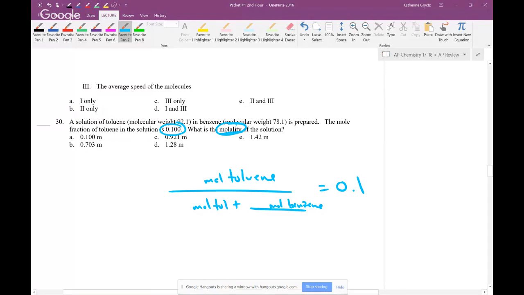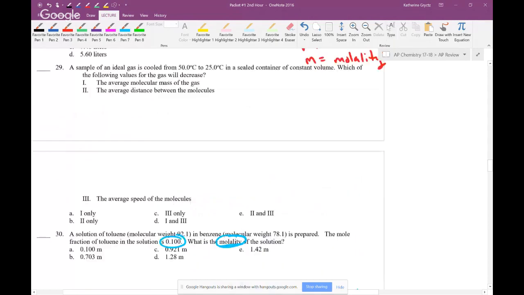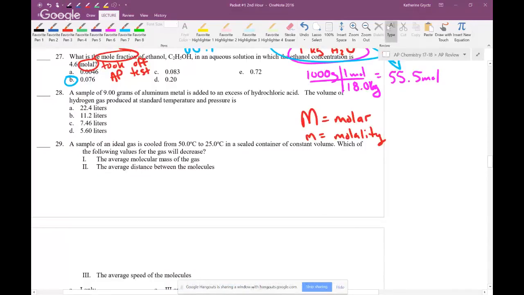Can we do 28? So 28 tells you that you've got aluminum metal added to hydrochloric acid, and then you're going to have hydrogen gas produced.